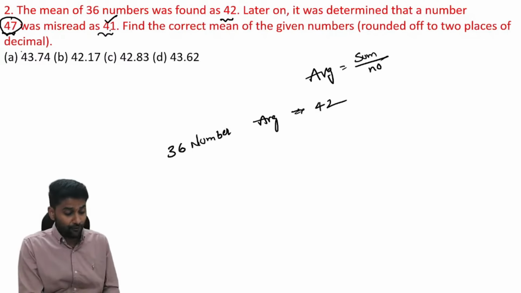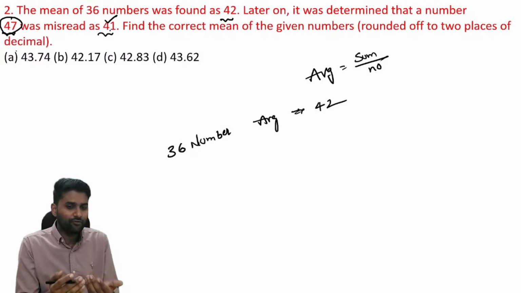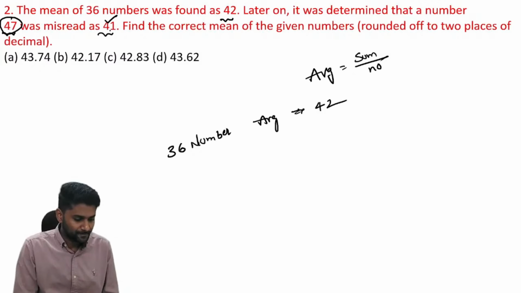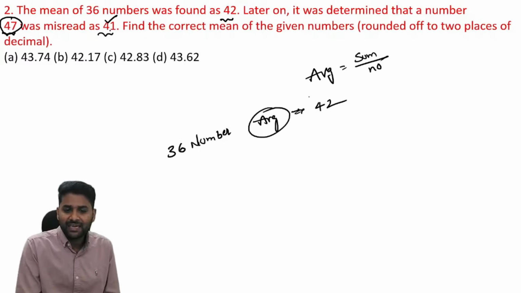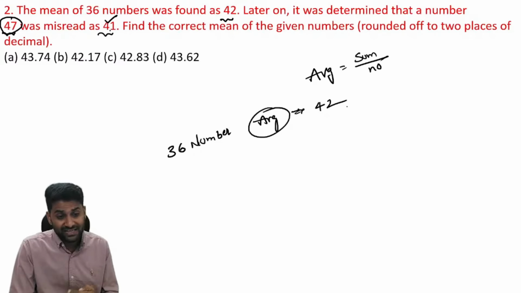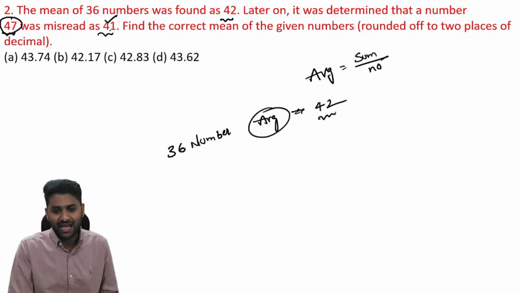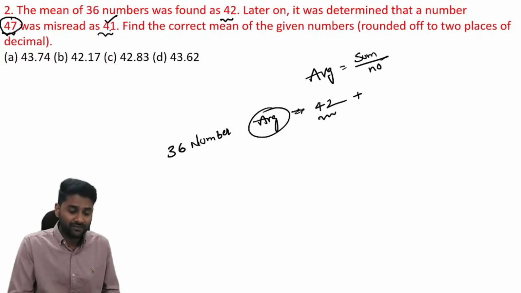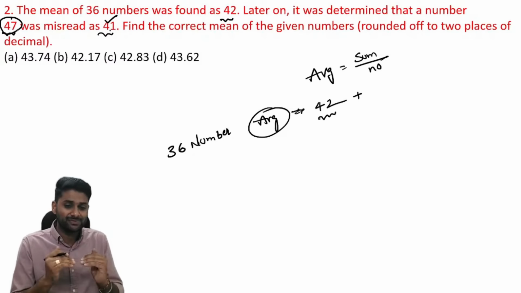If I consider 47, is the average more than 42 or less than 42? See, we are talking about average, which is sum divided by number. If we include 47, then the average increases. The initial average is 42, and if we include the original number, definitely the average increases, meaning more than 42.